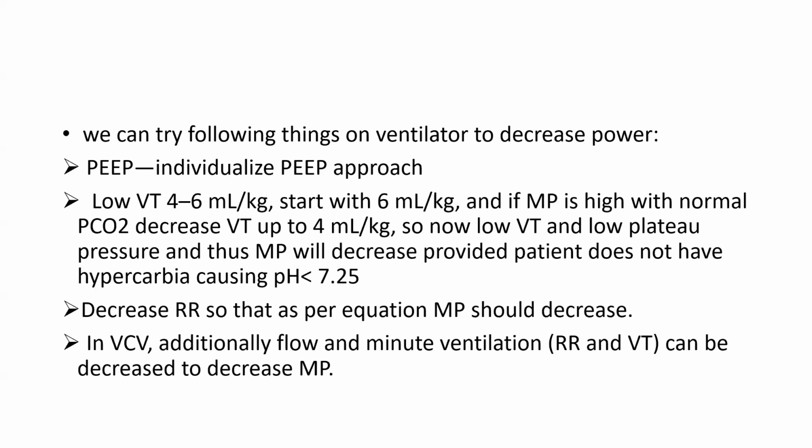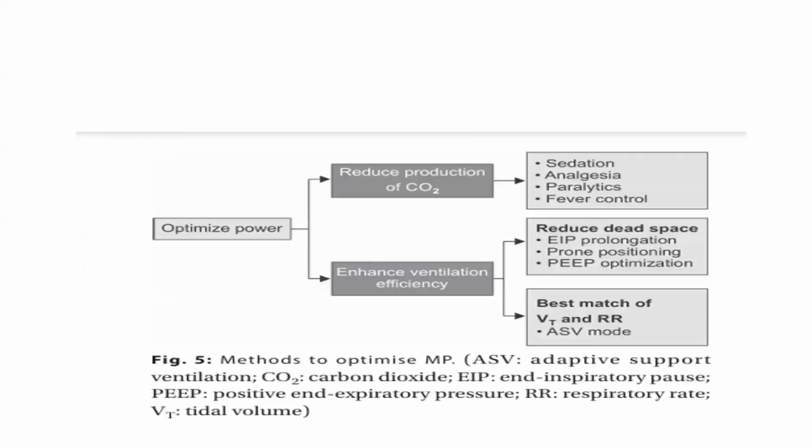So now we have low tidal volume and low plateau pressure, and mechanical power will decrease, provided the patient doesn't have hypercarbia causing pH of less than 7.25. Decrease respiratory rate so that the equation of mechanical power decreases. In volume control ventilation, additionally flow and minute ventilation can be decreased to decrease the mechanical power.